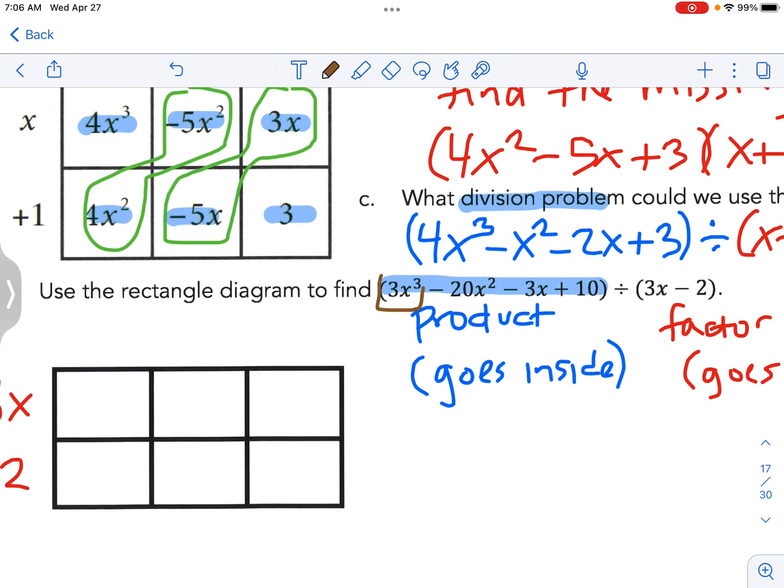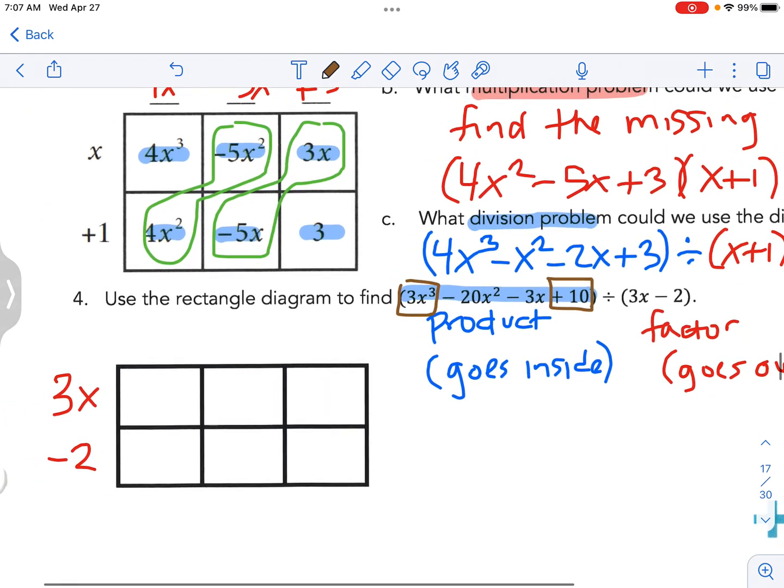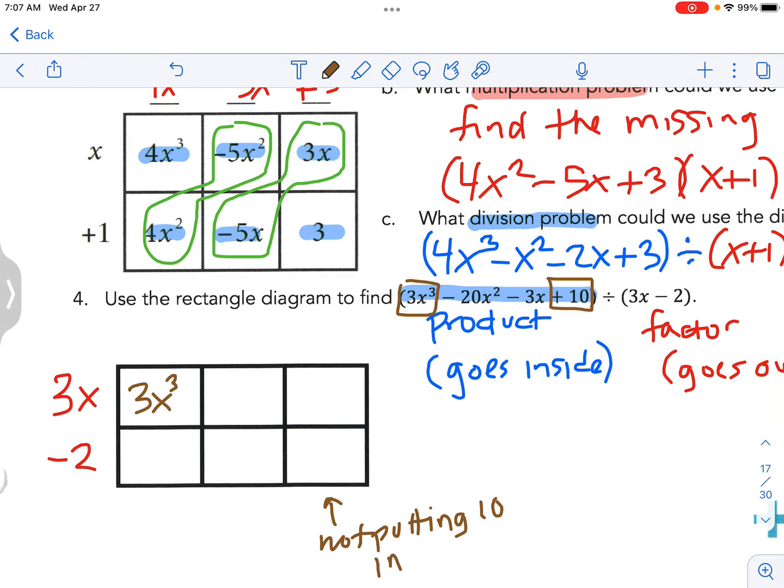We know that the first term and the last term have nothing to combine with, so that represents the first corner and the last corner. So I'm going to start out by putting 3x cubed here. And I'm not going to put the 10 here, not quite yet. We're going to talk about why I'm not putting the 10 in yet.